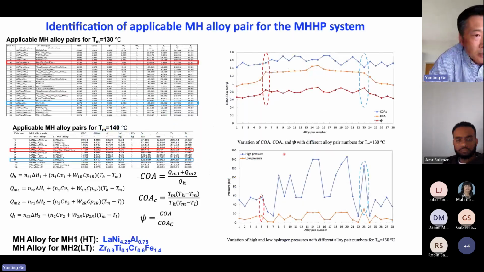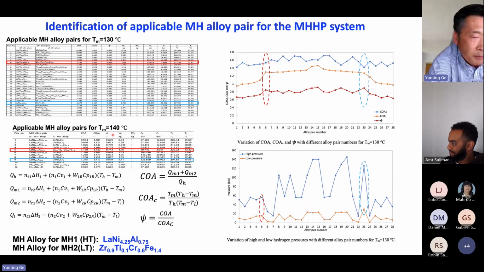We summarize the selected metal hydride alloys into two tables. The first table is with the medium temperature of 130 degrees C, and the second one is with the heat output temperature at 140 degrees C. For the temperature at 130, we can select about 28 applicable metal hydride alloys.